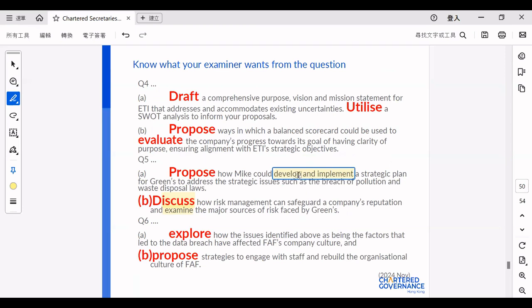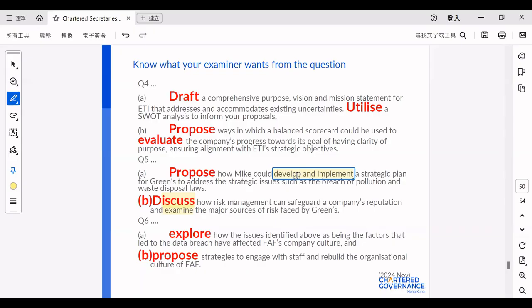This is very important, and you have to realize that the essence of this paper is that you are a company secretary or a governance professional, and you are asked to work out something which is practical, give practical solutions, practical recommendations to the company. And invariably, most of the questions will be set in this setting, right?